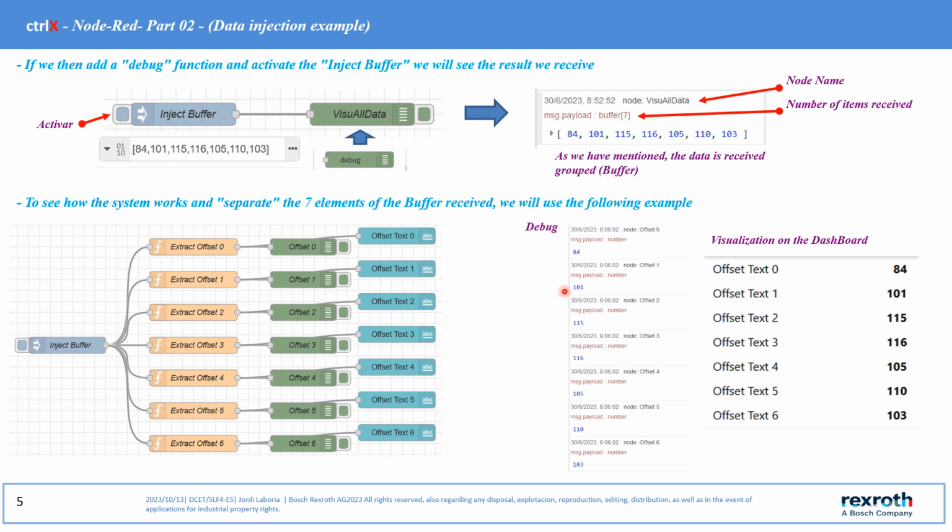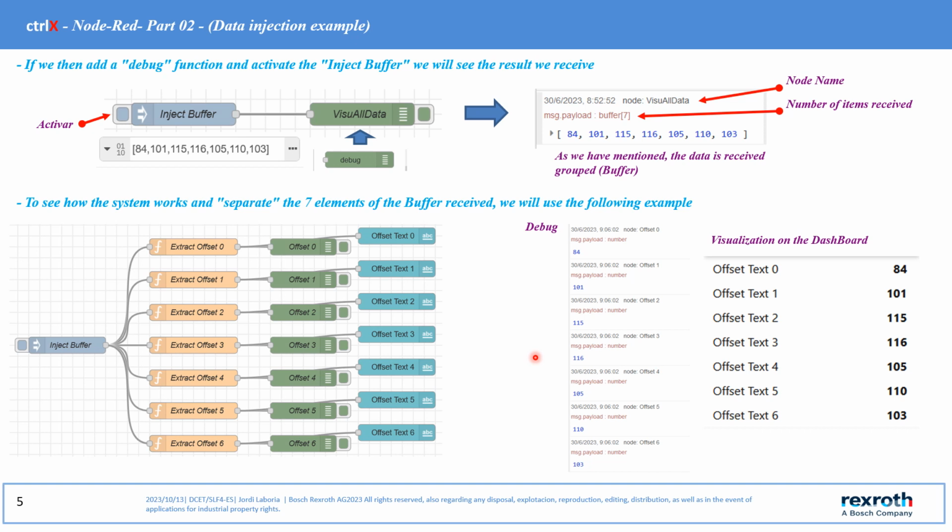In the following image, we can see how the injector now sends the data to the extraction function of the 7 elements, and that each of them has its text, which allows us to see in the dashboard, and its debug, which we can see directly.